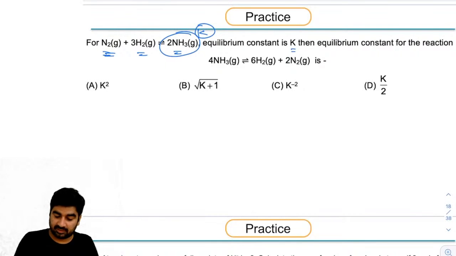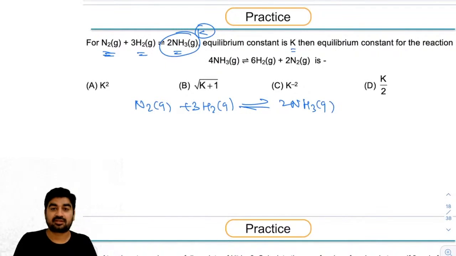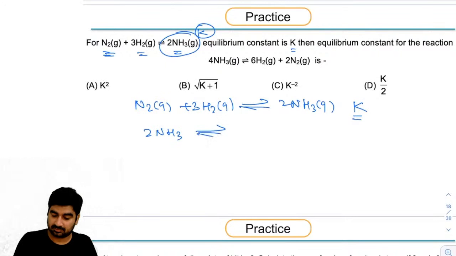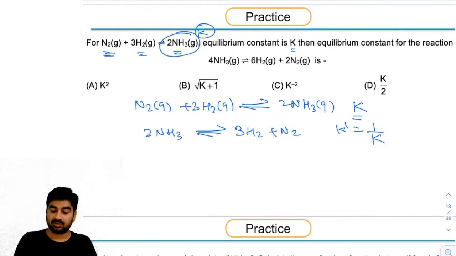So here you are given N2 gas, 3H2 gas, giving you 2NH3 gas. So the equilibrium constant is K. Once you reverse it, K dash will be equal to 1 by K. Now instead of 2 it says here you should write 4.